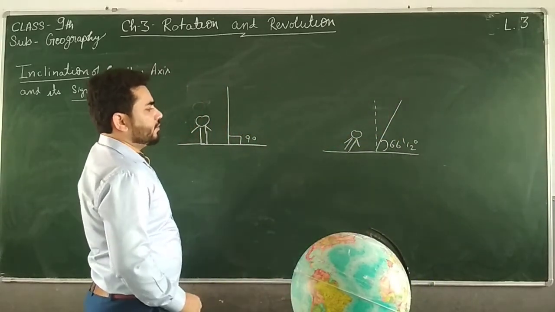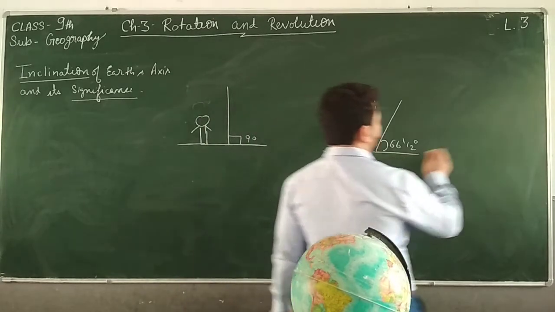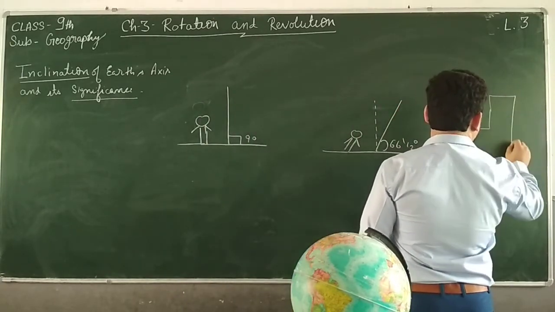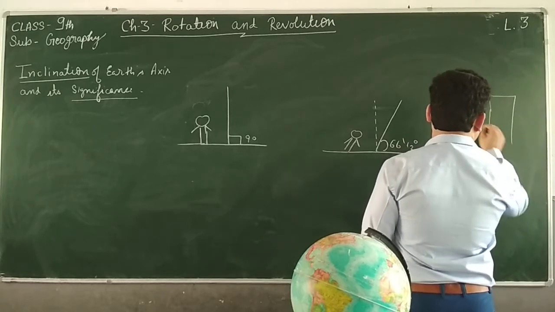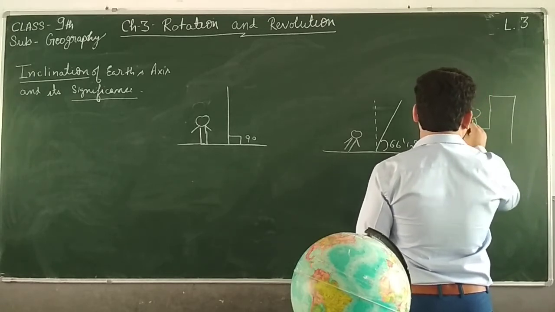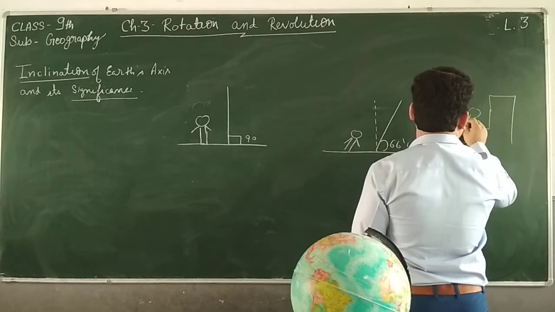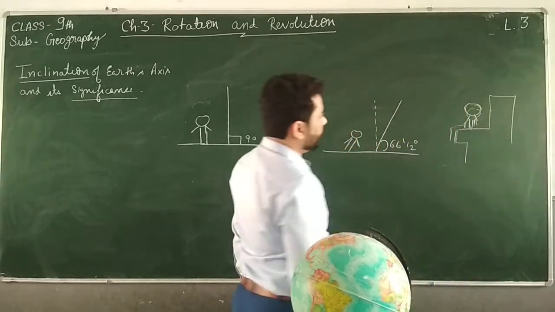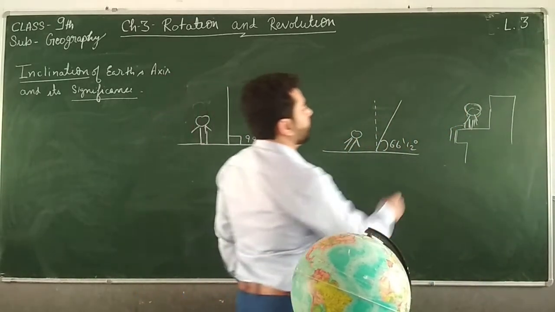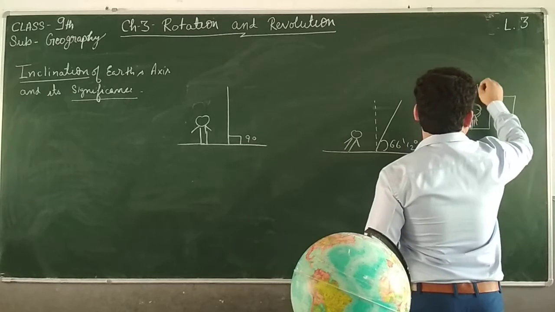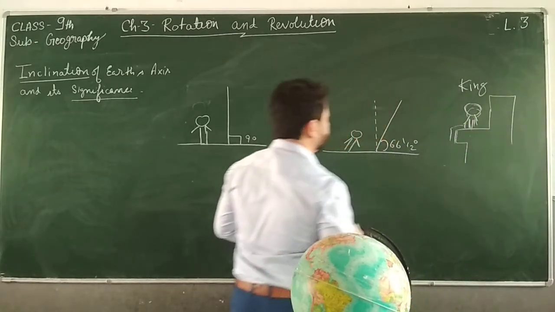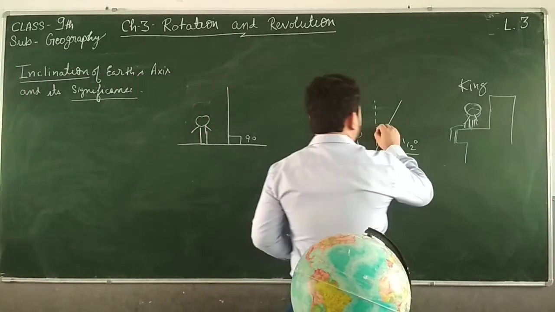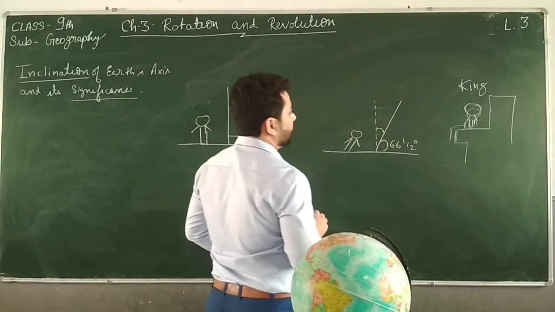So this person is inclined towards this man, maybe some Raja or king, bowing towards the king in that manner. So this is called inclination, and this is called tilt.